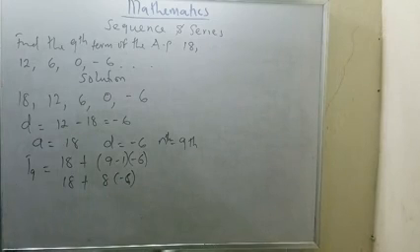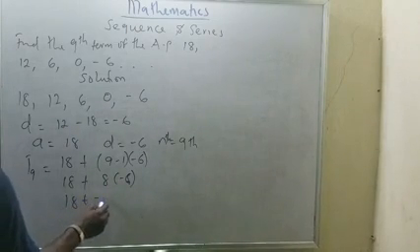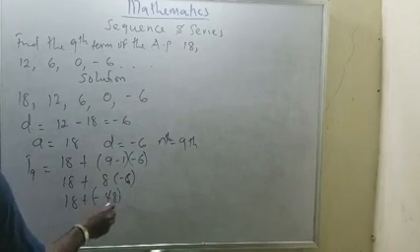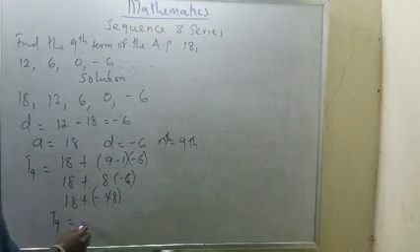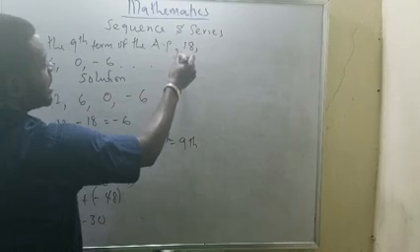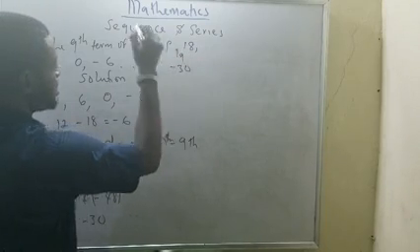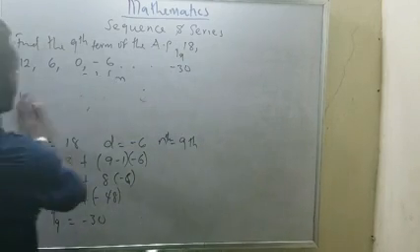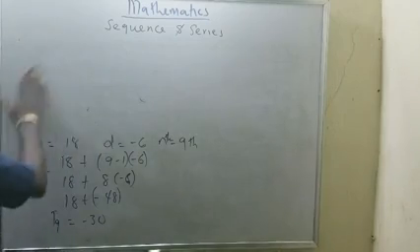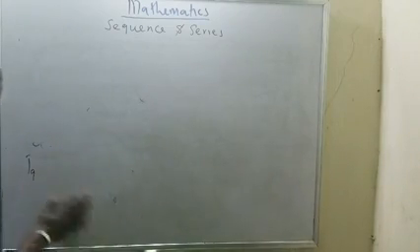Now 8 times 6 is 48. So 18 plus minus 48 gives T of 9 equal to minus 30. It means the number in position 9 will be minus 30. That is the meaning of this problem. Now, let me move on to the next one. I need to give more examples on this part.